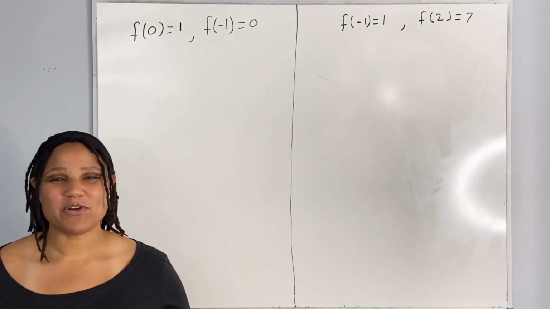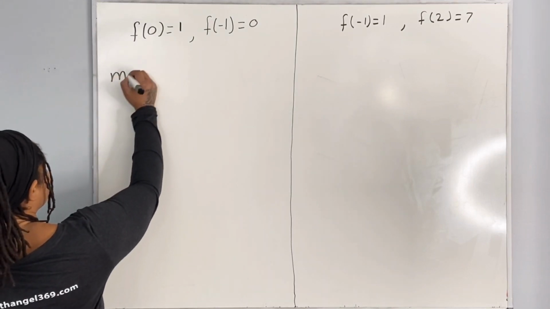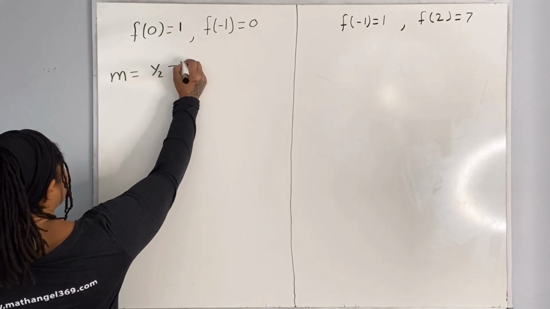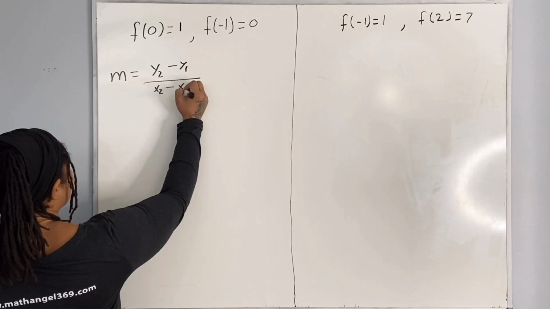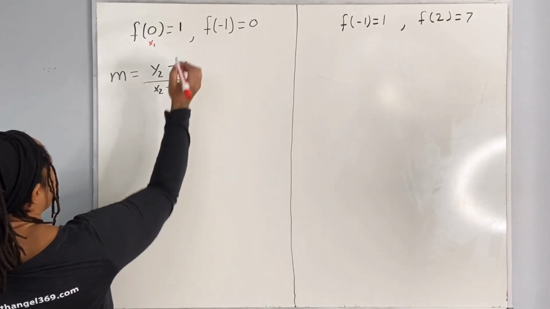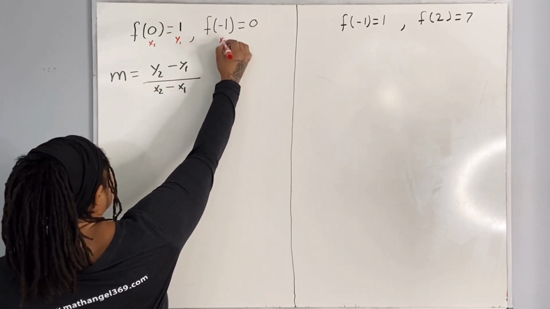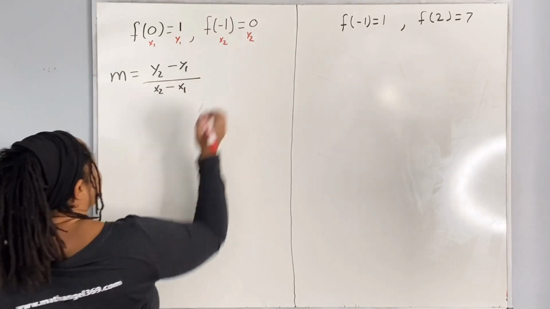So the first thing I'm going to do is find the slope. The slope formula is m is equal to y2 minus y1 over x2 minus x1. How about we let x1 equal 0 and y1 equal 1, and let's let x2 equal negative 1 and y2 equal 0.